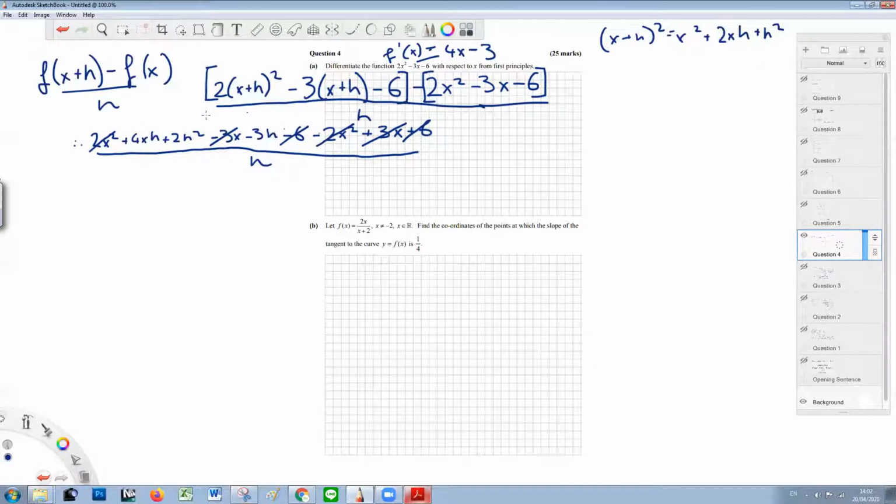Now I have this, but if I divide everything by h, I'm going to be left with 4x plus 2h minus 3. But I need to find the limit as h goes to 0. So that's going to be 4x minus 3. So that's done. That's doing it by first principles. There's not an awful lot more to it.